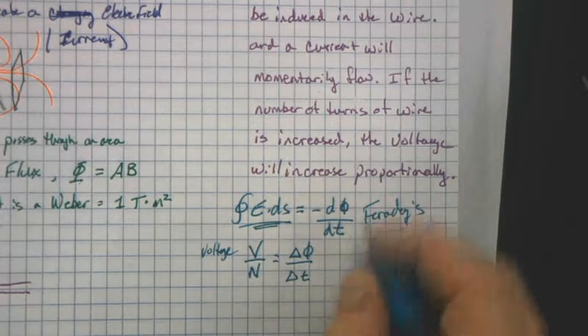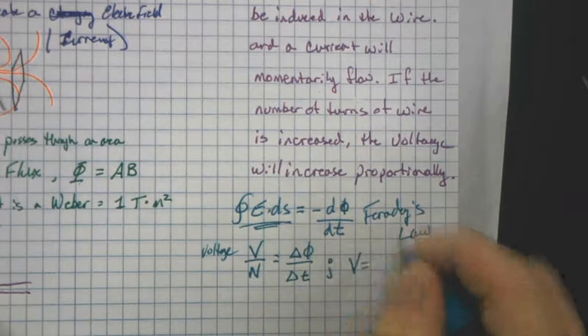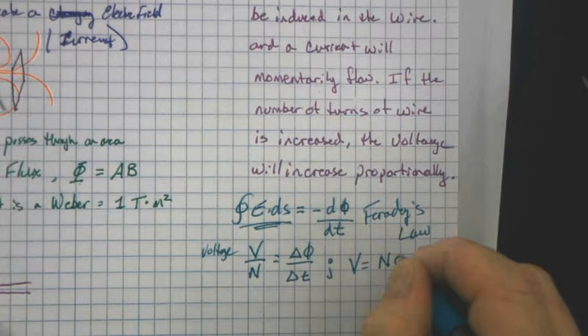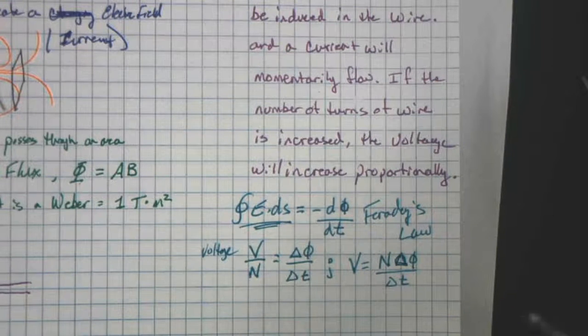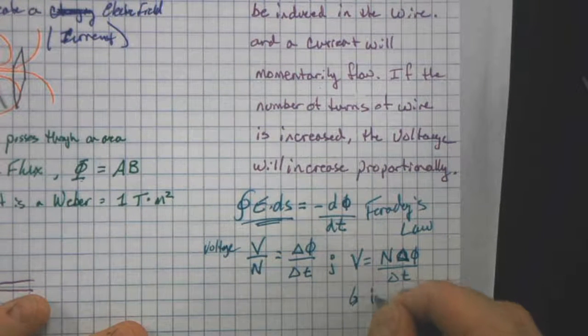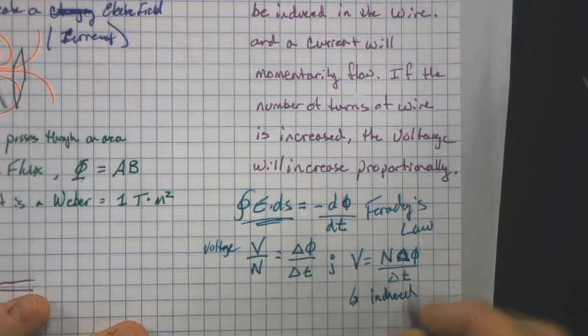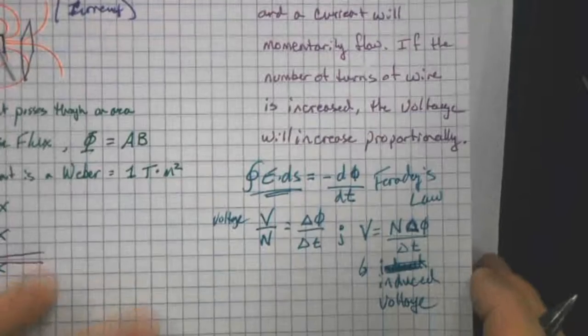Or to rewrite it, voltage equals our number of loops times the change in flux over the change in time. This is the induced voltage.